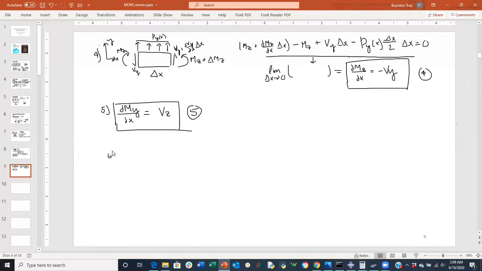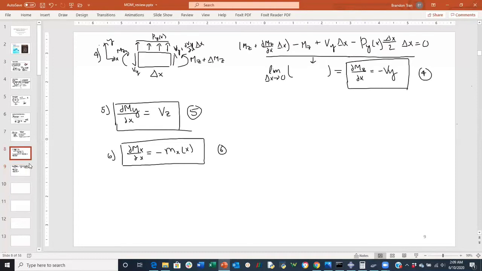And finally, equation 6 right here would be the partial of the moment about x with respect to x, equal to minus the distributed moment couple about the x direction, in the x direction of the beam. Again, this doesn't have to be uniform. And there we go.